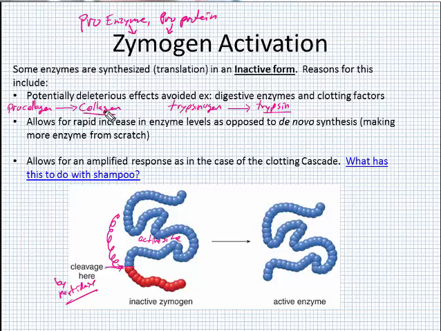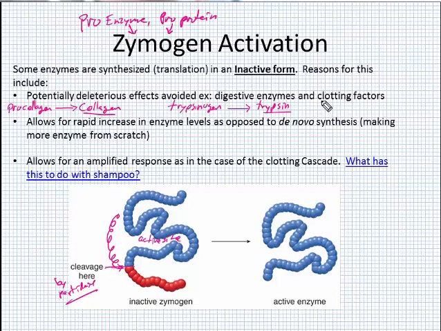Because if it's formed inside the cell, again, you're going to clog up the cell with this big insoluble protein. You want it to be exported out of the cell, converted into the active form where it can fold up into that triple helix of collagen and then work properly. So again, some potentially deleterious proteins or enzymes are avoided by first making them in an inactive form and then active.